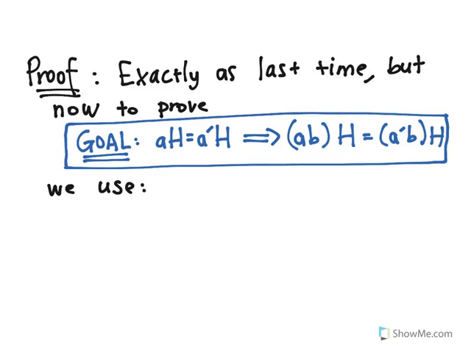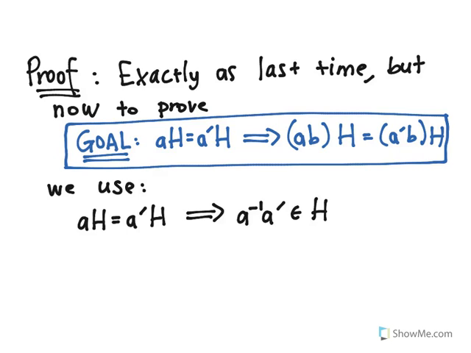So you might remember from the proof of the theorem last time that our big goal was to prove that the operation was well defined. And what that meant was that if aH equals a'H, then abH is equal to a'bH. And now let's just run through kind of the idea of what that argument looks like. It's going to look almost the same as last time.